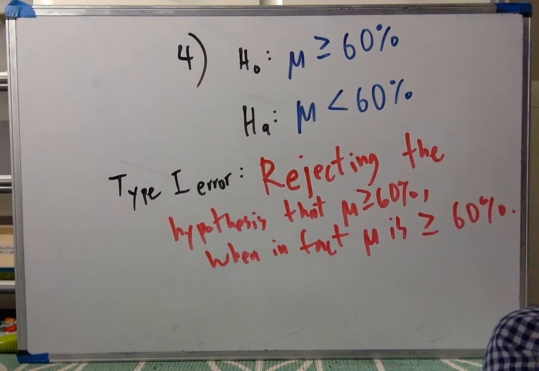That will be the type 1 error. So you reject the null hypothesis when in fact it's true.